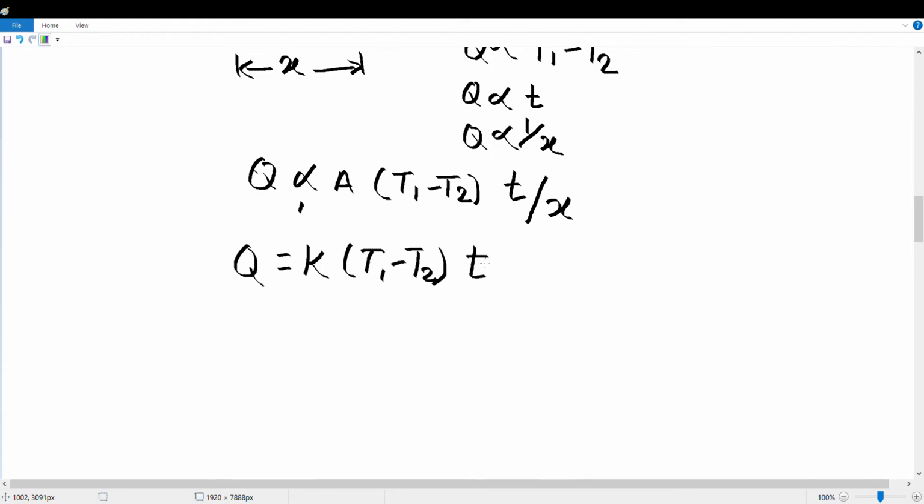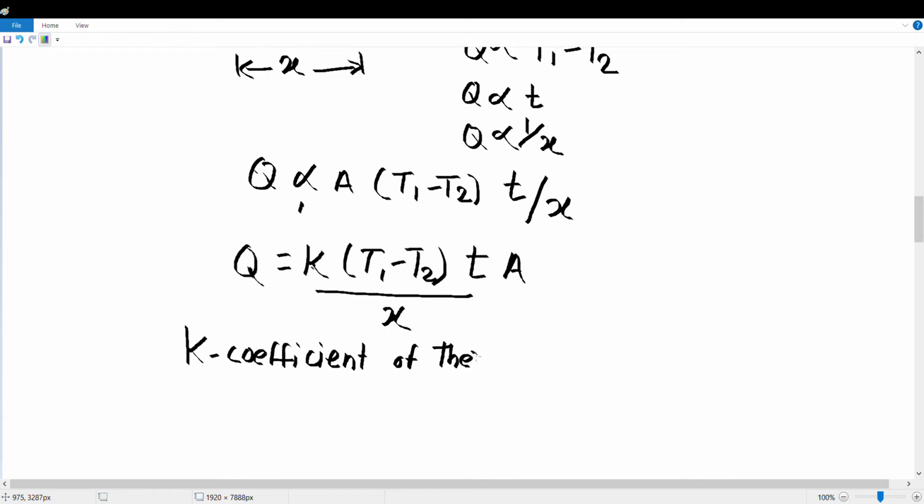We get the equation for the heat: Q is equal to K into A into (T1 minus T2) into T divided by X, where this K is the coefficient of thermal conductivity.